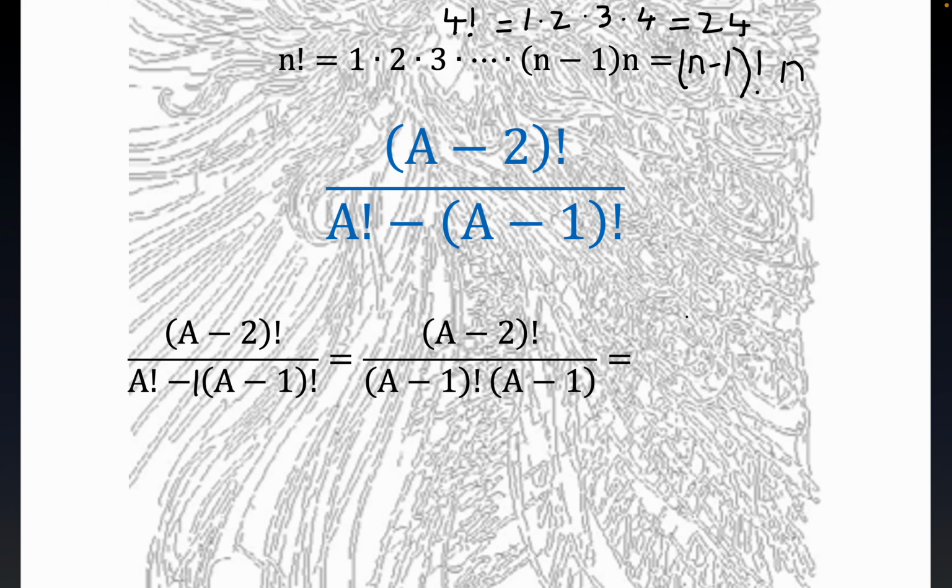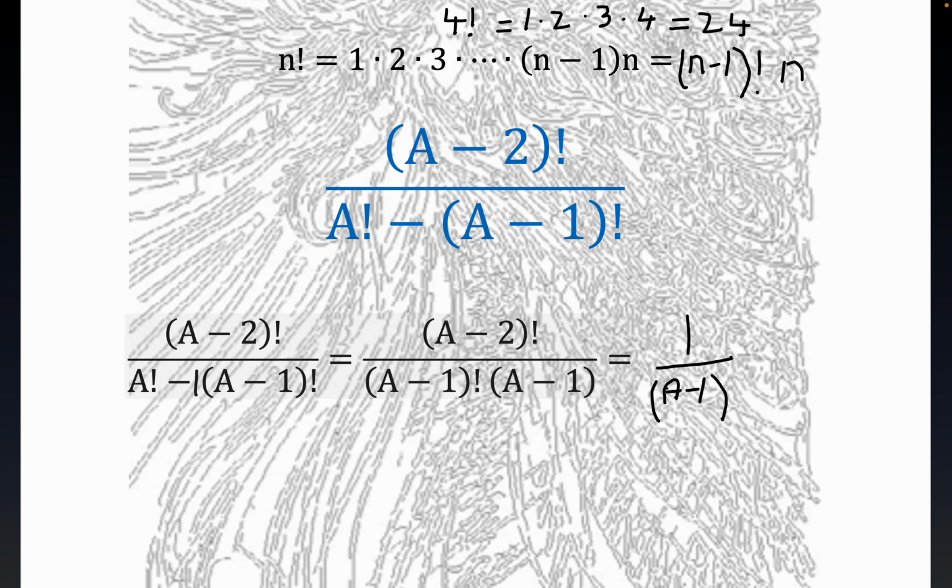Let me write that down. So you would have 1, and again, a minus 2 factorial would be a smaller number than a minus 1 factorial. It would leave the factor a minus 1. So you'd have 1 times a minus 1, 1 over a minus 1, excuse me. All right, and then again, this part right here would just represent the cancellation that would occur right here.